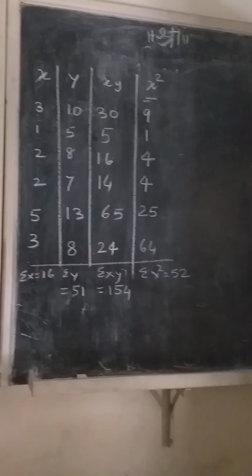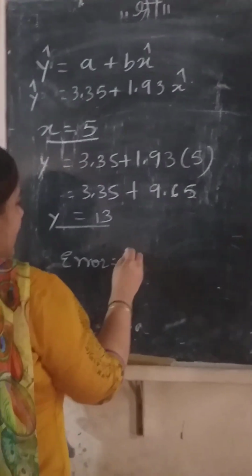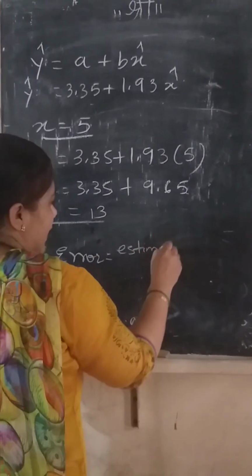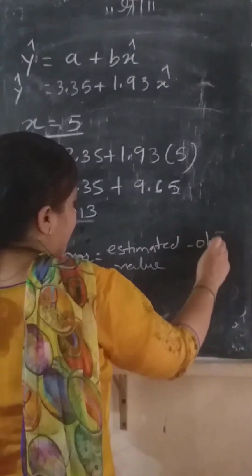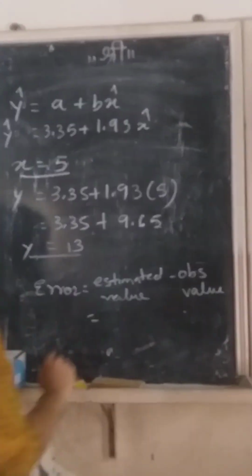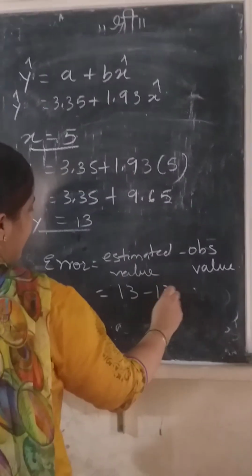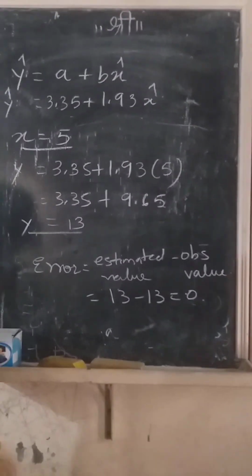So error is your estimated value minus observed value, right? So what I get here is 13 minus 13, and that is 0. So error in the calculation is 0.